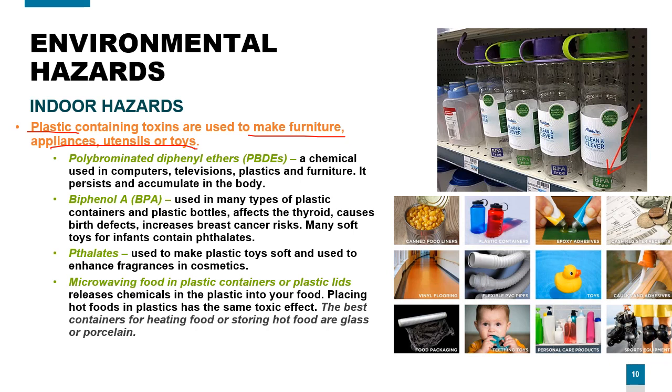So, ito mga plastic na to, it contains a lot of chemicals. We have here a very good example of this plastic, yung polybrominated diphenyl ethers. This is a chemical used in computers, television, plastics, and furniture. It persists and accumulates in the body.